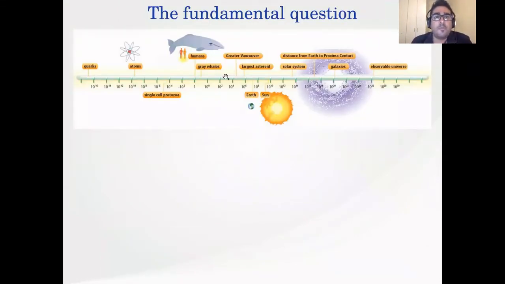Essentially, what we mean by fundamental, as I understand it, is in terms of size scales. This graph tells you the size scales that physicists deal with, starting with 10 to the minus 16, 10 to the minus 18 for quarks, all the way to the edge of the universe, roughly 40 orders of magnitude higher.